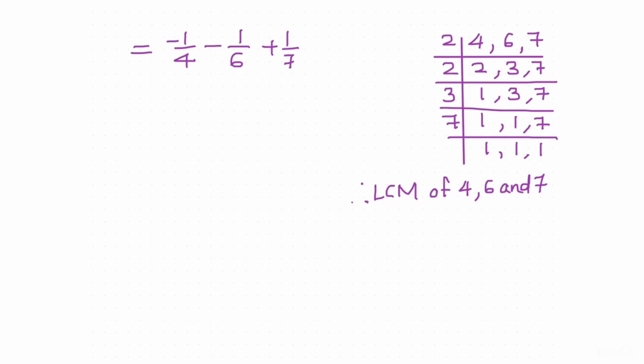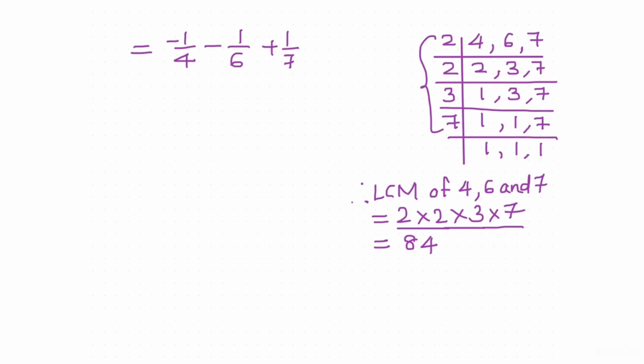Therefore LCM of 4, 6 and 7 is equal to, multiplying these factors, 2 times 2 times 3 times 7. This is equal to 2 times 2 is 4. 4 times 3 is 12. 12 times 7 is 84. So 84 is the LCM.